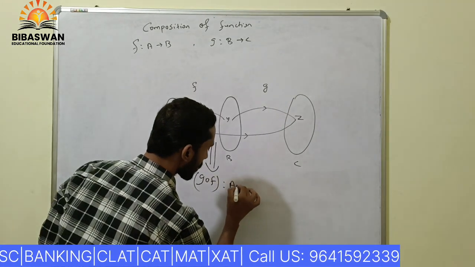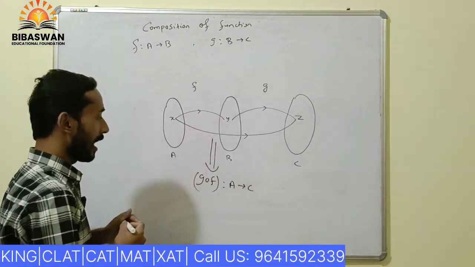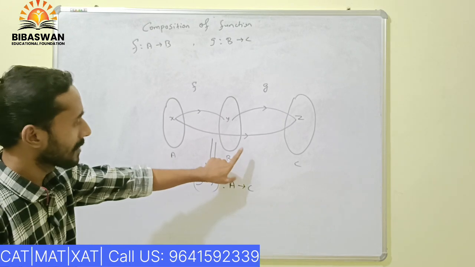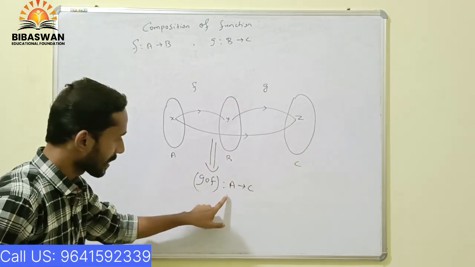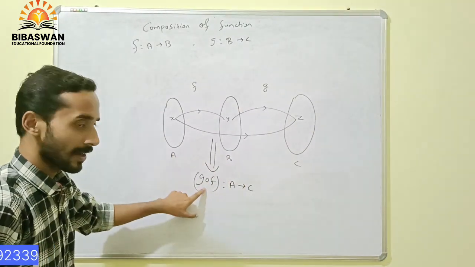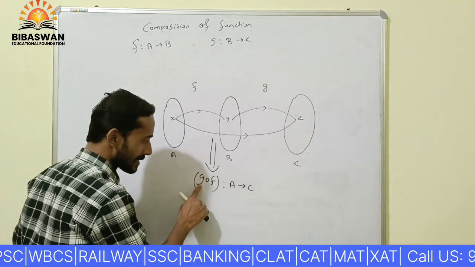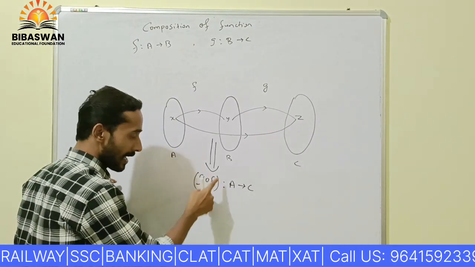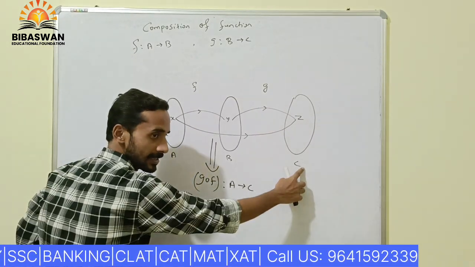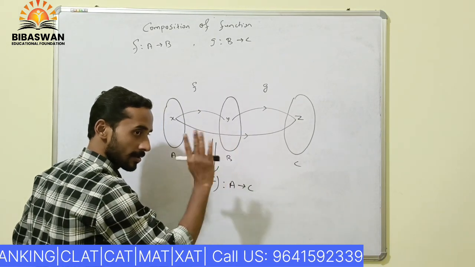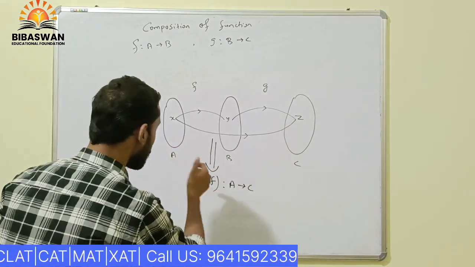Understood? From A to C. Now we have to leave B here. From A to C means the g of f function; we can say the g composition f function is related from A to C. So there is a formula.